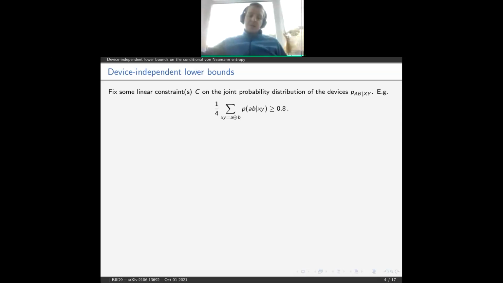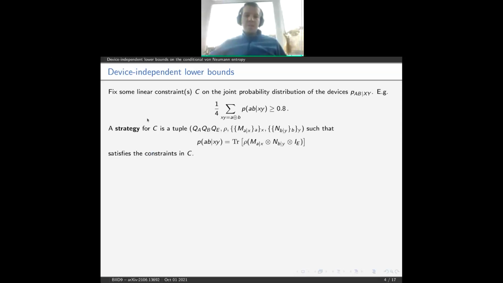This is really something that you might check during the protocol. For example, this could be a Bell inequality violation. So you're going to assume that your devices violate some Bell inequality, or that they're producing some non-local statistics. For example, we could set the constraint to be that the devices win the CHSH game with probability at least 0.8. This could be a valid constraint that we can add to this set.